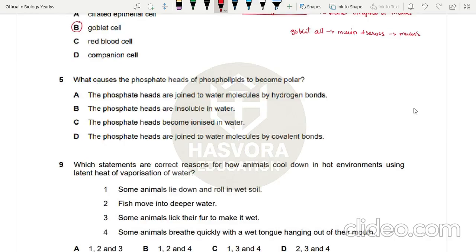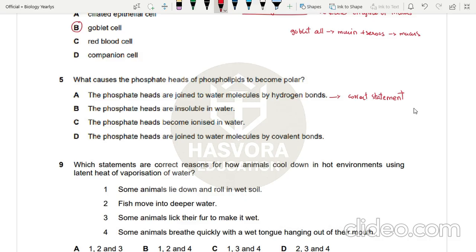What causes the phosphate heads of the phospholipids to become polar? Let's have a look at the options. The phosphate heads are joined to water molecules by hydrogen bonds. This is a correct statement. But if you look at the question, it asks what causes the phosphate heads to become polar.